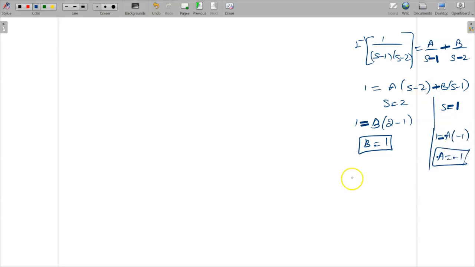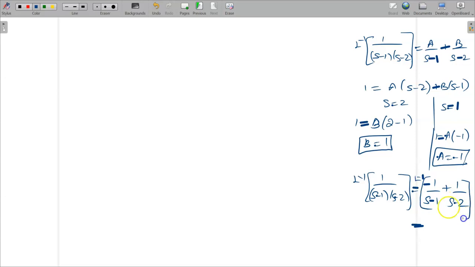So 1 by (s - 1)(s - 2) is nothing but -1 by (s - 1) plus 1 by (s - 2). Applying the Laplace inverse, it is -e power t plus e power 2t.